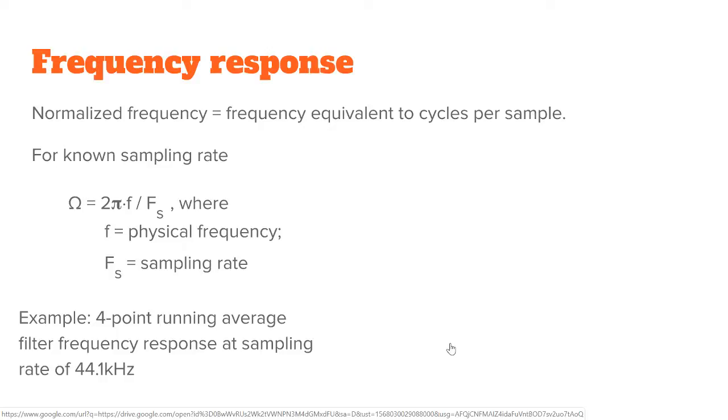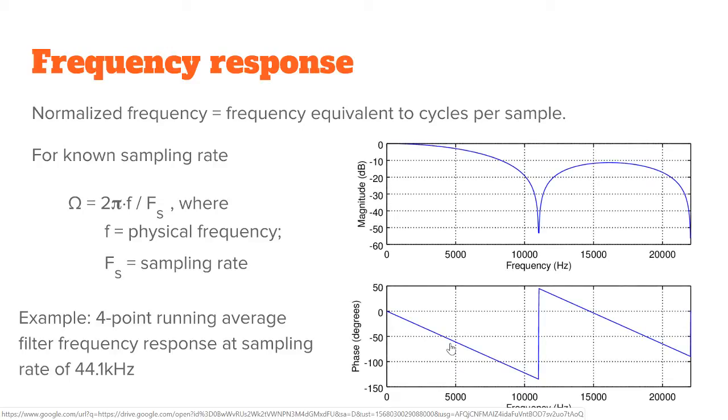Okay, so again, the 4-point running average filter frequency response at a sampling rate of 44.1 kilohertz. There you go. The Nyquist rate is there at 22,050 hertz, and we have the notch there. Good. That's the highest frequency.